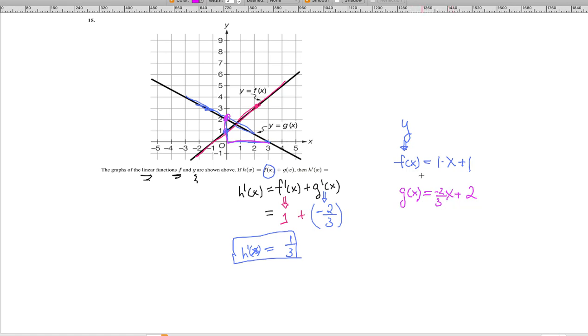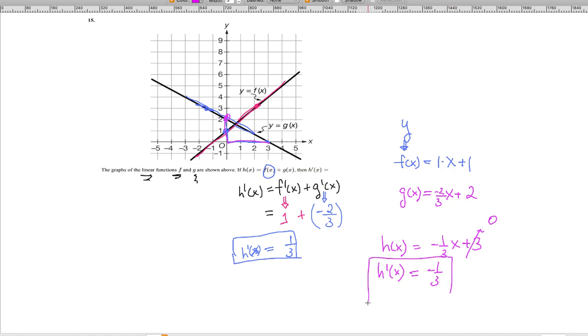And now you have equations for f of x and g of x. You can add these two to get an equation for h of x. You're going to get 1/3 x plus 3, because 1 plus negative 2/3 is positive 1/3. Then you could differentiate h of x: the derivative of 1/3 x is just 1/3, and the derivative of 3 is 0 because it's a constant.